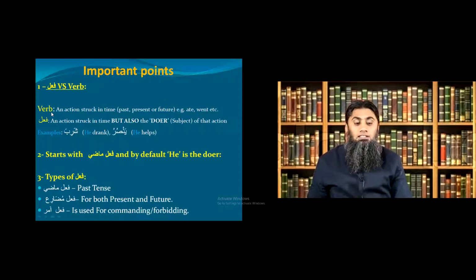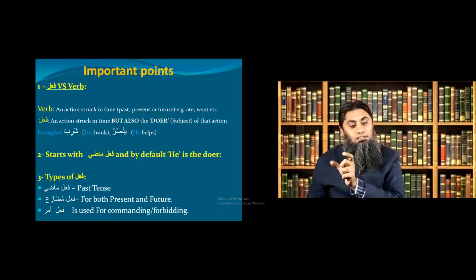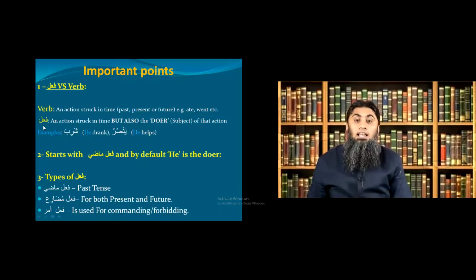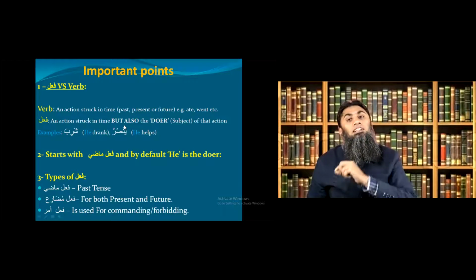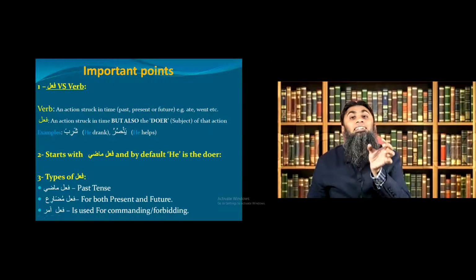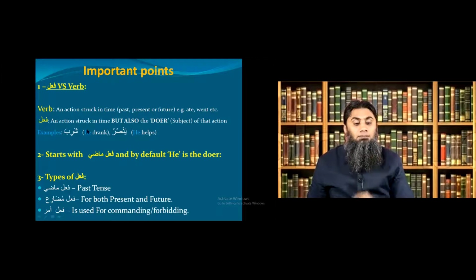What's the difference? The English verb is only action and tense, but the Arabic fail has three things: action, tense, plus the doer of that action is also built into that fail. Clear? Let's understand with an example.